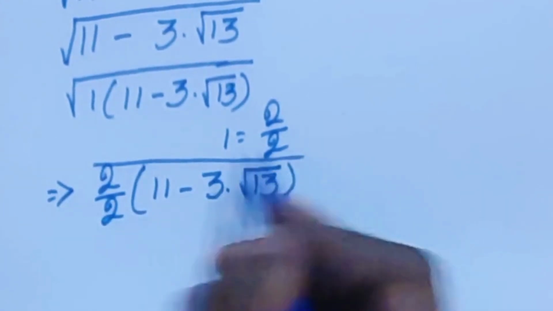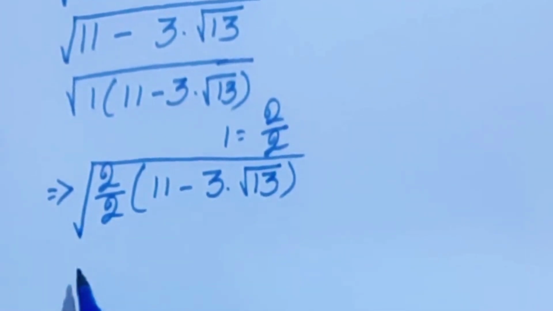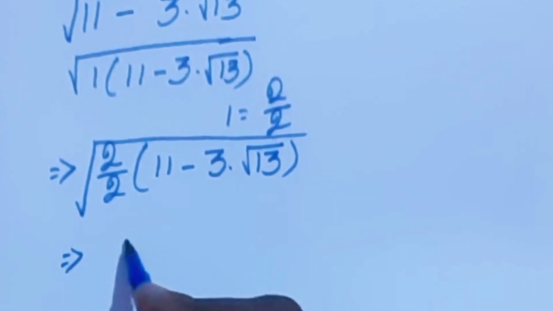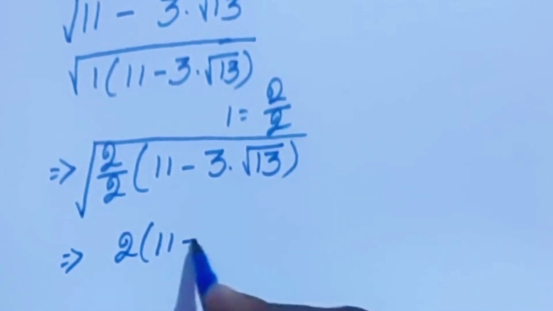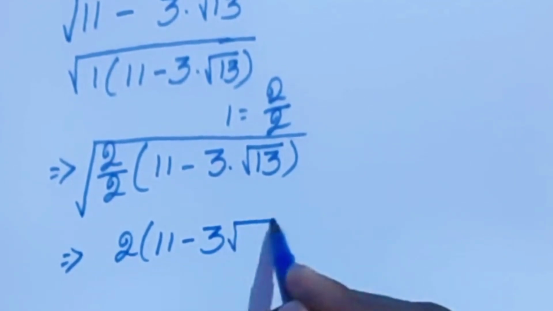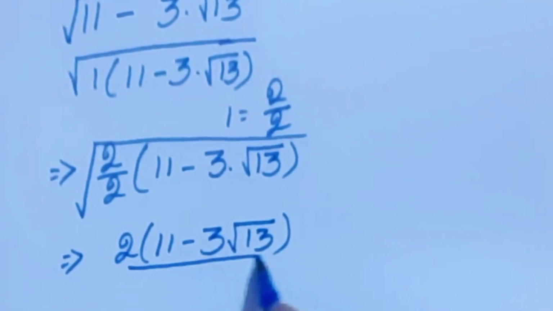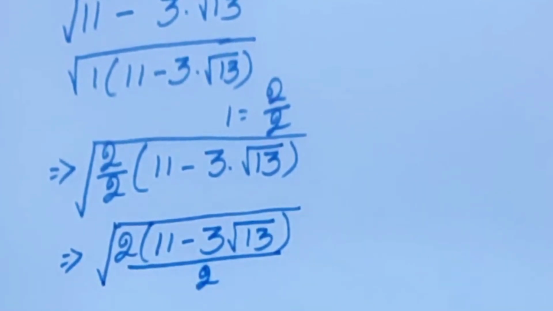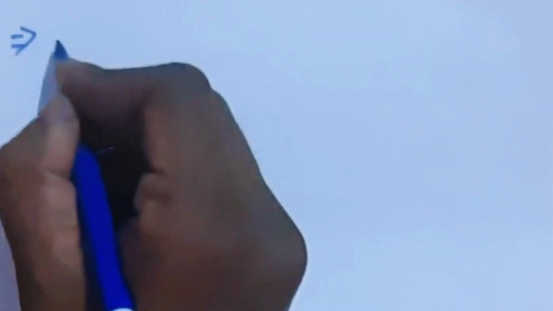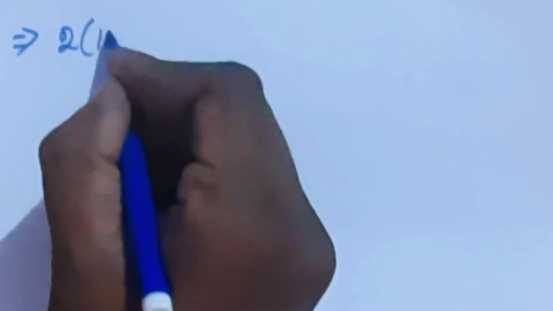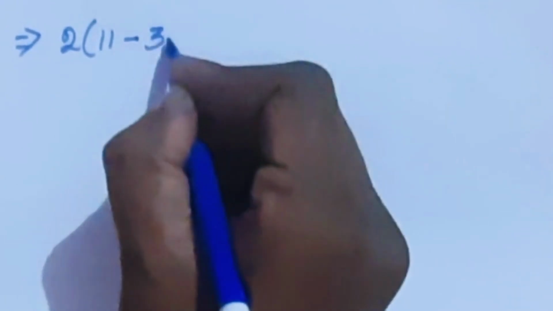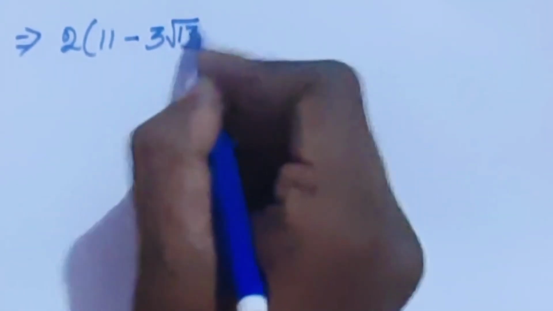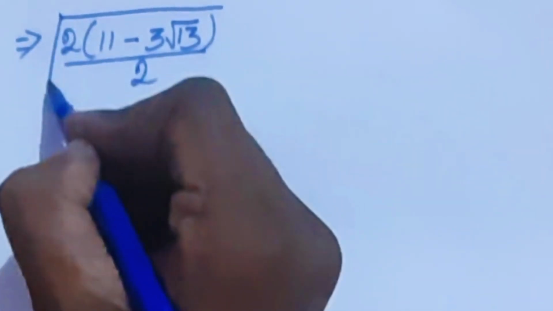Now this can be written as square root of 2 times (11 minus 3 square root of 13) divided by 2.